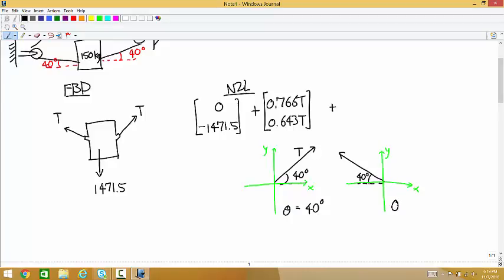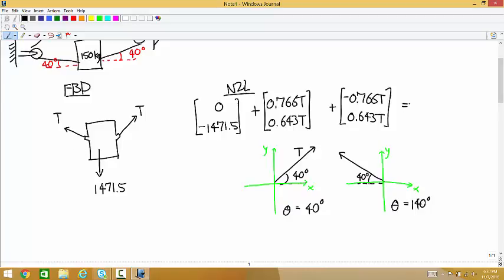So theta is equal to 140 degrees. So the vector is t times cosine and sine of 140 degrees, and that is negative 0.766t, positive 0.643t. And that's all the forces.